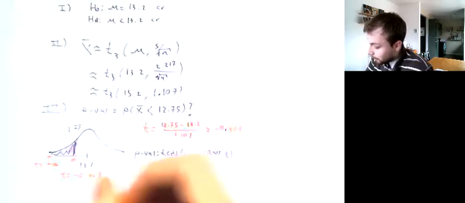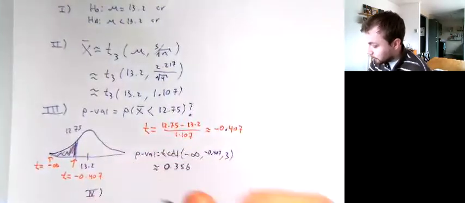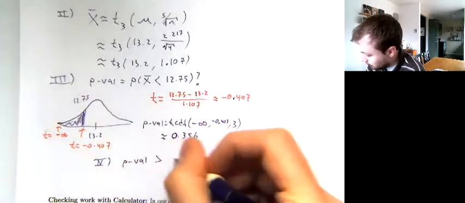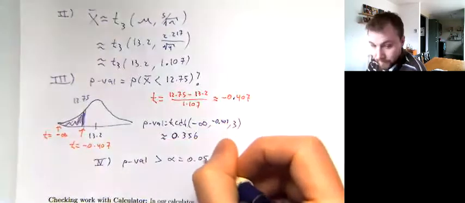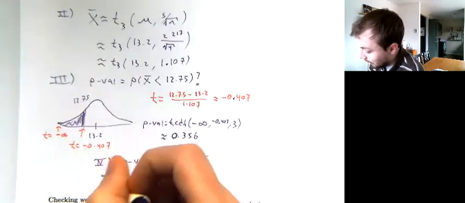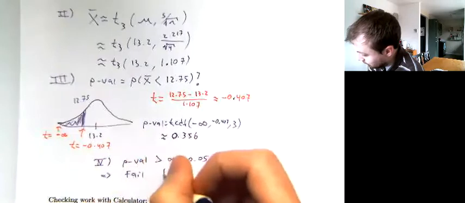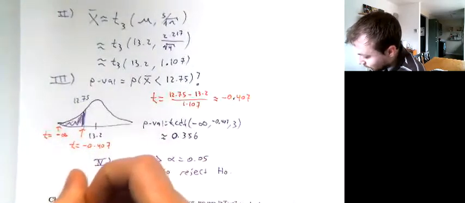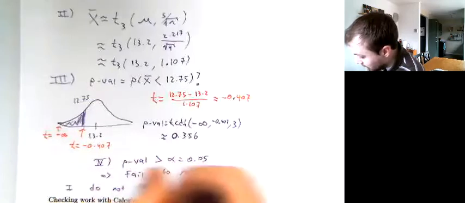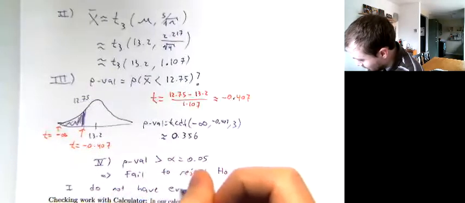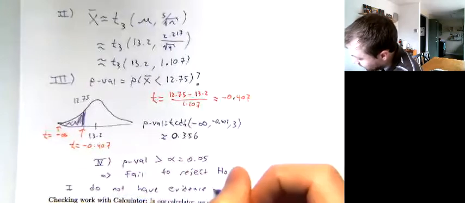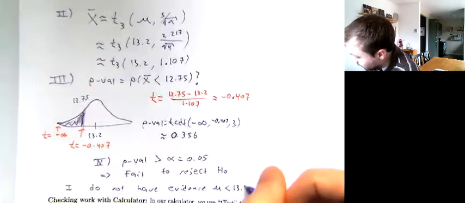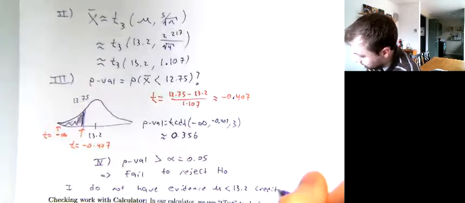This is a fairly large p-value, so for the 4-step conclusion, if my p-value is larger than, let's say, an alpha of 5%, I would fail to reject the null hypothesis. So I do not have evidence that the average number of credits that a student takes is less than 13.2 credits.